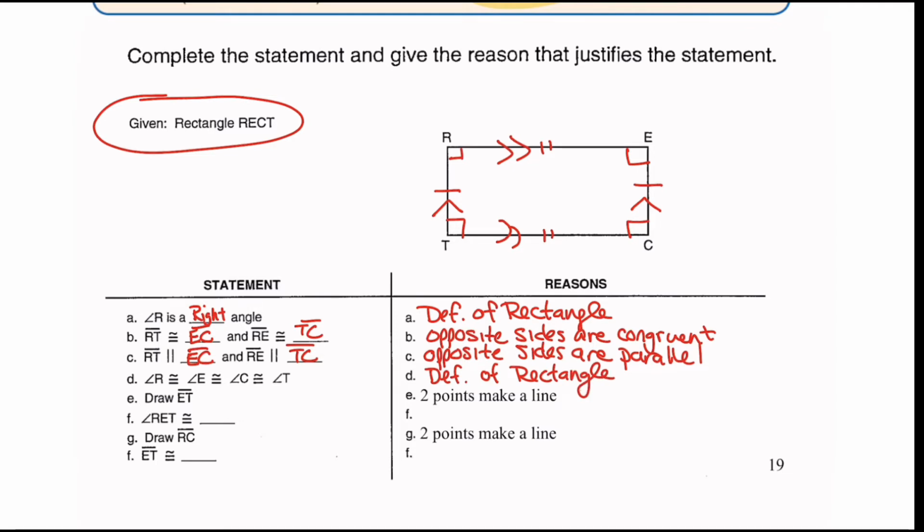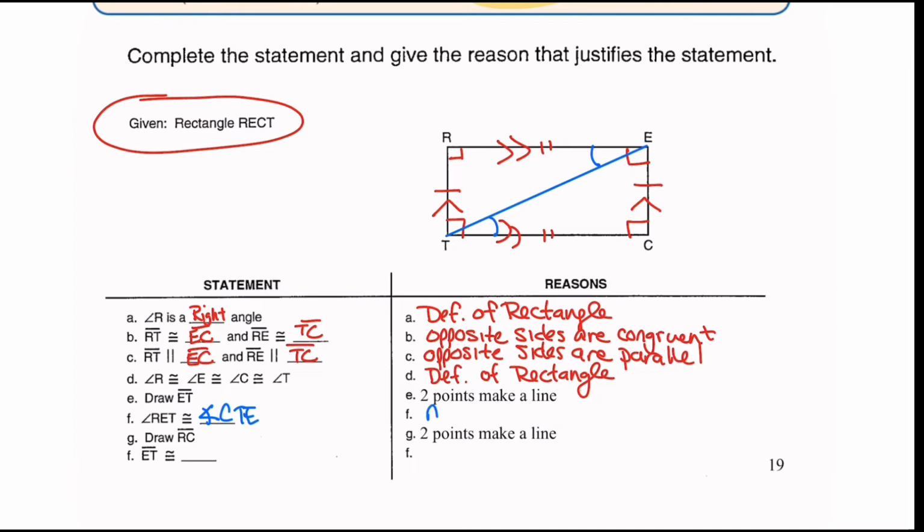Draw ET. Okay. Now angle RET is congruent to, well, this one right here. That's going to be CTE.